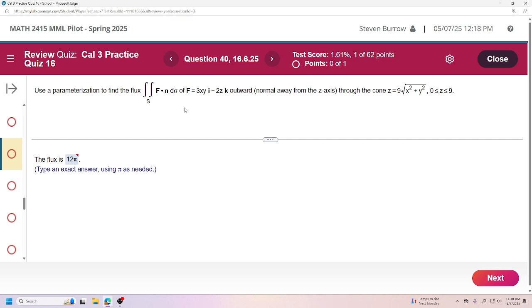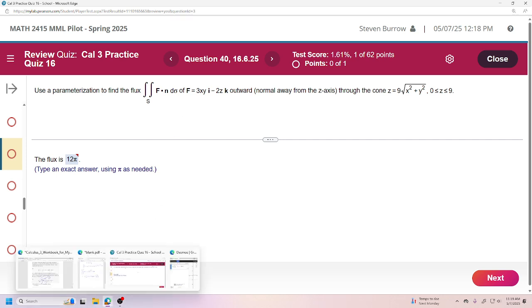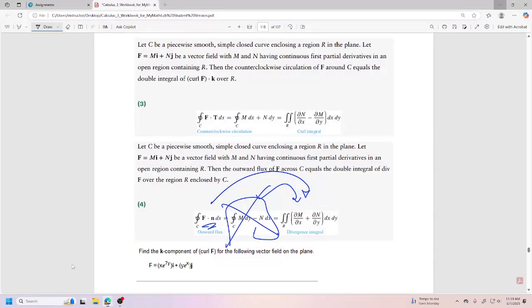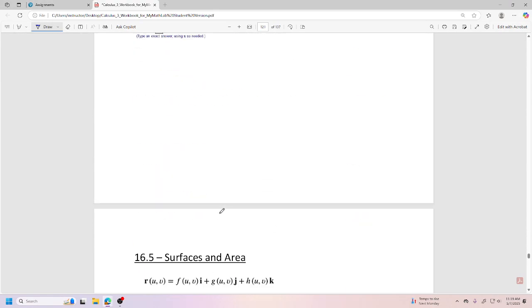No, we're calling out answers before you even read the question. I think that this one is going to be that r_u cross r_v thing. This one wants you to switch it also into polar form as well. Right, the polar form is that r_u r_v stuff. It kind of makes itself that, I think. So real quick, what I want to do is go back to my formulas for this.